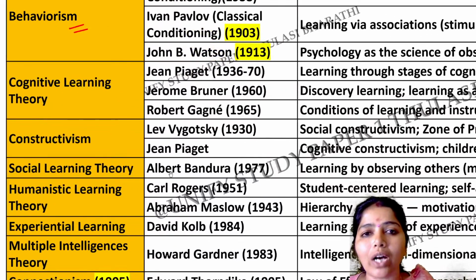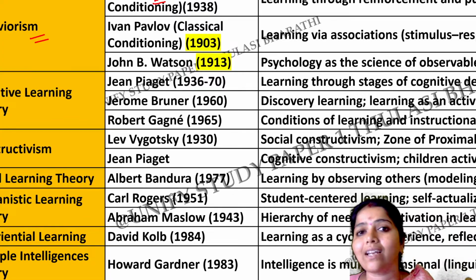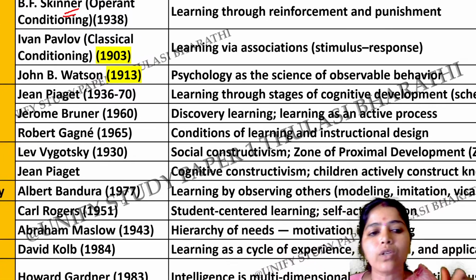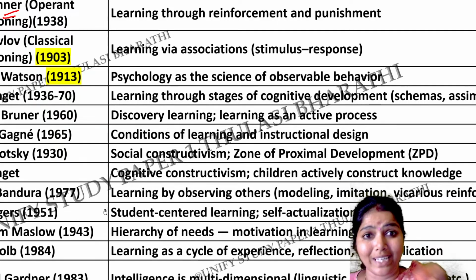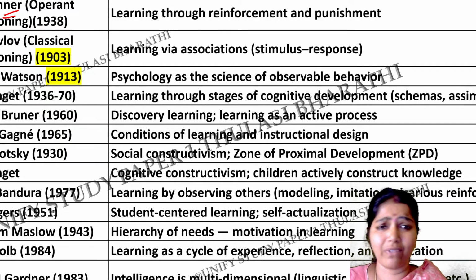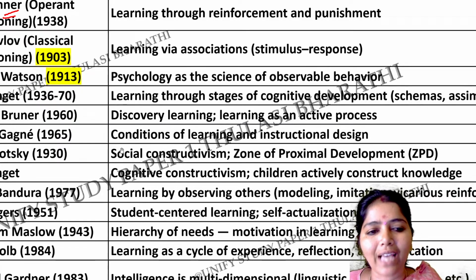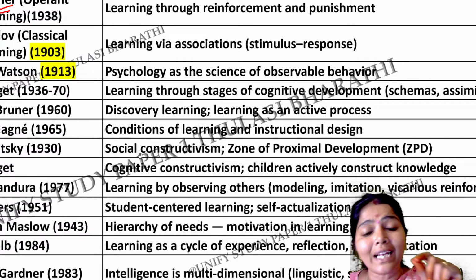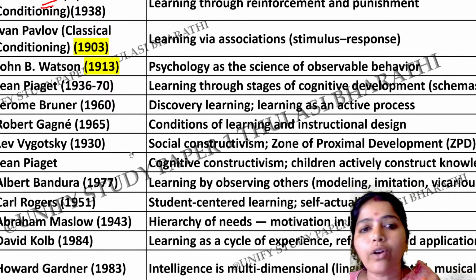And then we have cognitive learning theory: Jean Piaget, Jerome Bruner, and Gagne's learning theory. Jean Piaget worked on cognitive development. Jerome Bruner worked on discovery learning, because every learning is discovery, right? New things will be discovered in the child. And Gagne's theory of learning works on instructional design, how the instructional design should be, given by Robert Gagne.